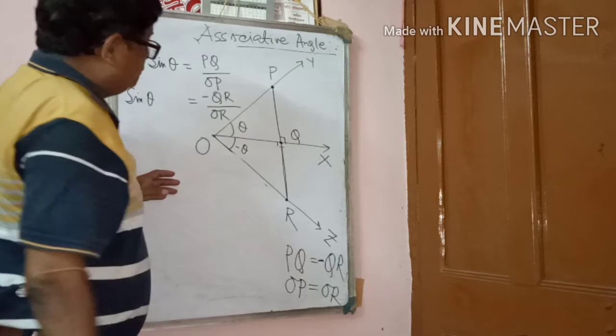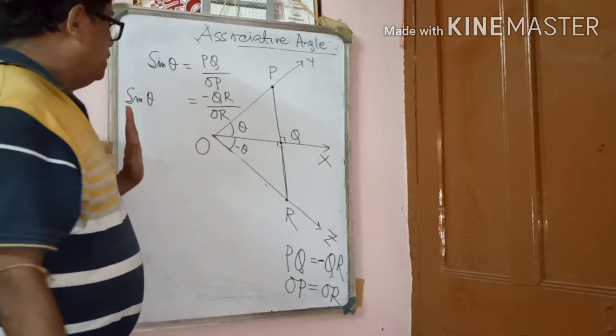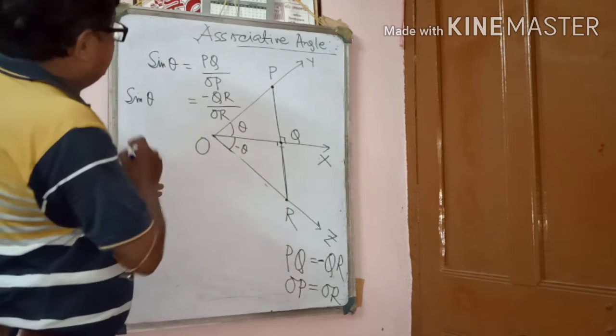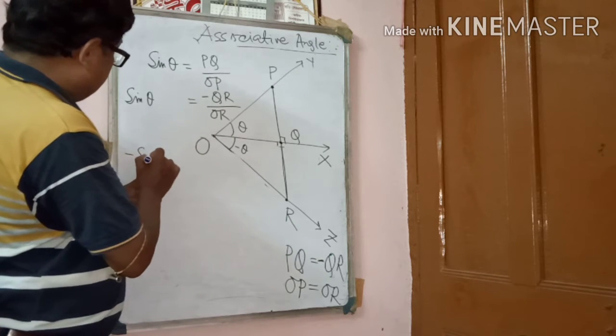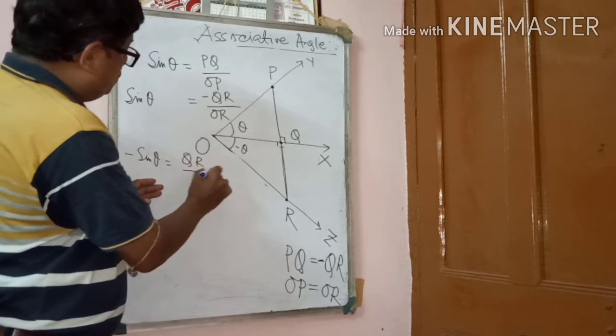So you can write here minus sin theta equals QR by OR.